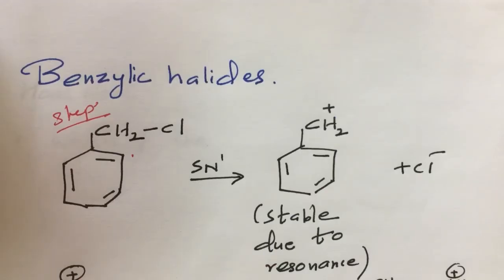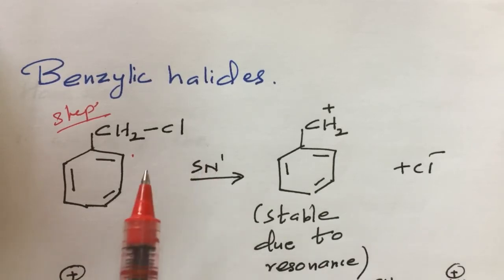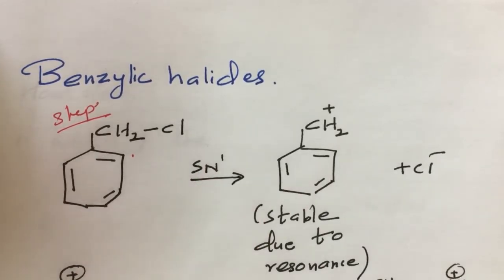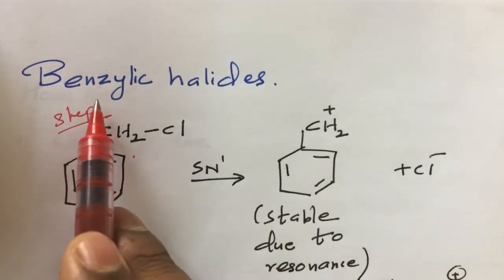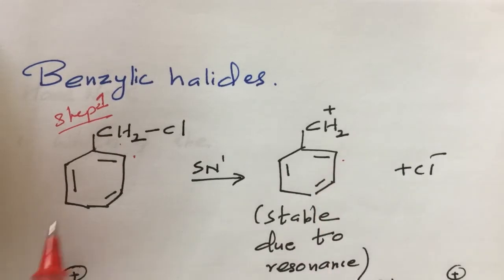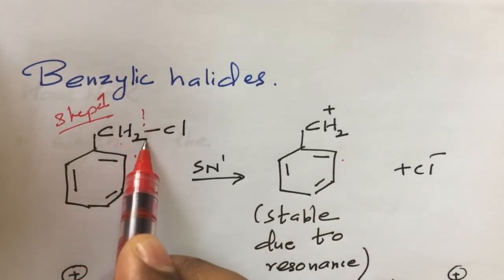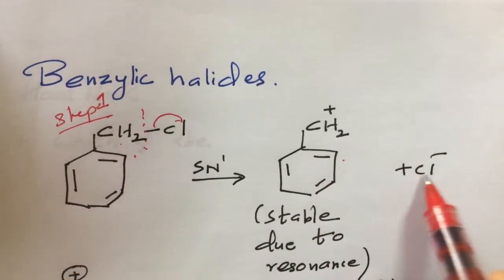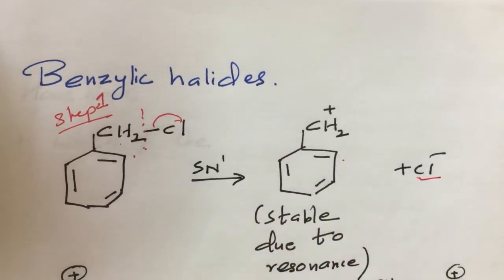Like allylic halide, benzylic halide also follows the SN1 mechanism in nucleophilic substitution. Let's see here. We know in the SN1 mechanism, the first step is formation of a carbocation. Here the bond will break and form Cl negative and the carbocation.